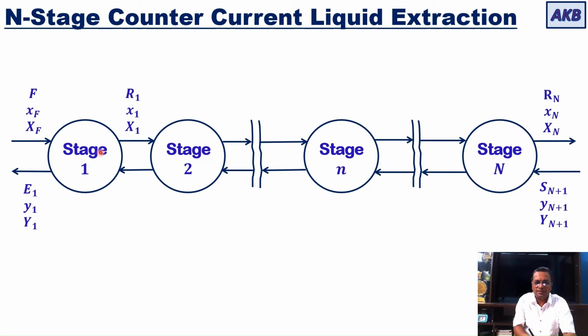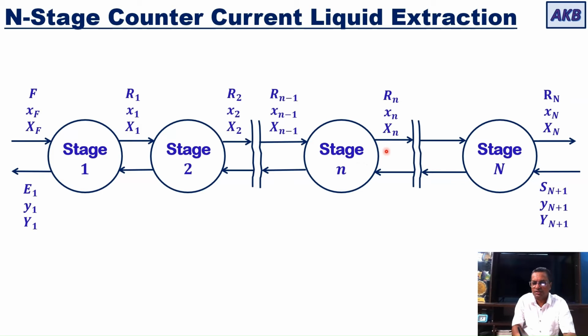Then the raffinate phase will be coming out of stage 1. It will be input to stage 2. From stage 2, it will be going as an input to stage number 3 and many other stages that are included in this line. Then before coming to stage number 1, the raffinate must come out of stage number n minus 1.